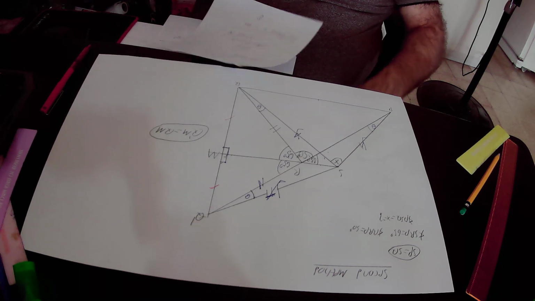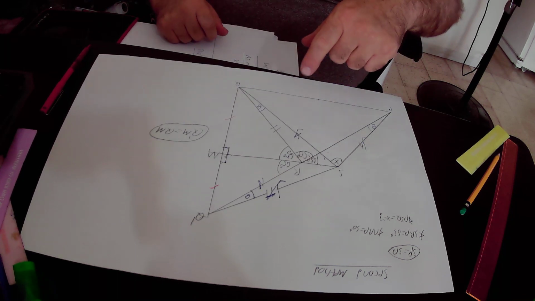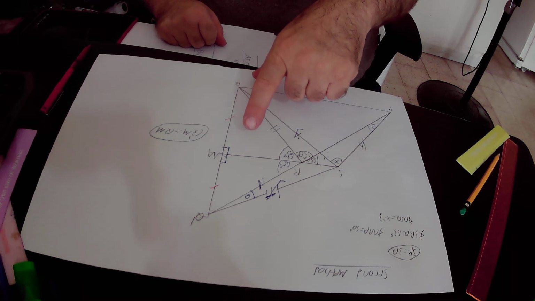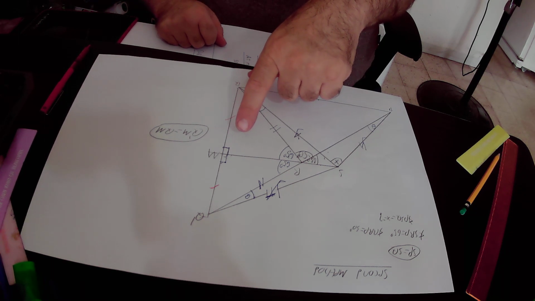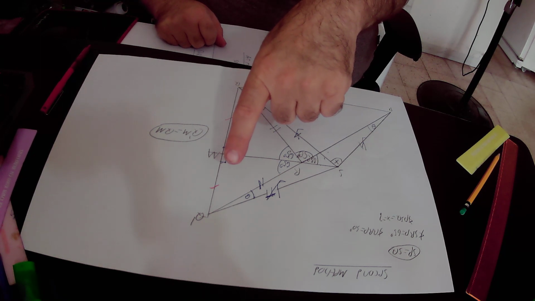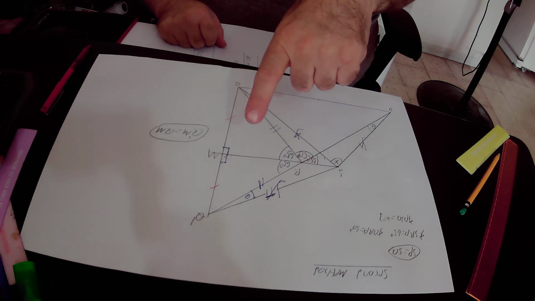Then here QM is perpendicular, therefore it is a straight line, and we extended the straight line QM. So QQ dash will remain a straight line, and we know that the sum of the angles on one side of the straight line equals 180 degrees.